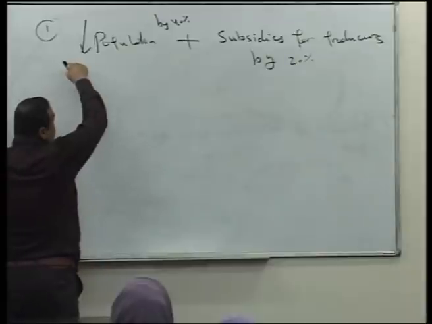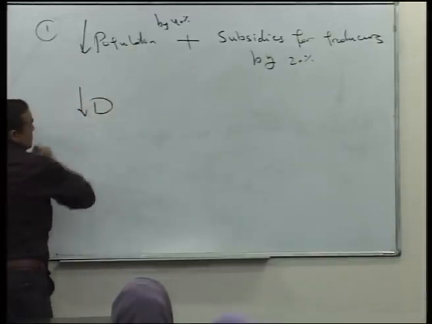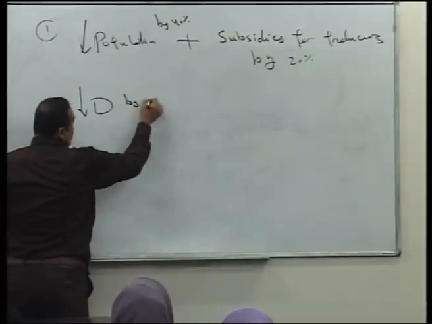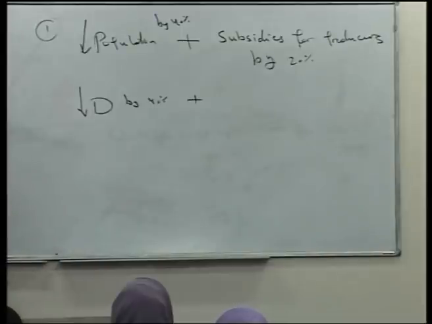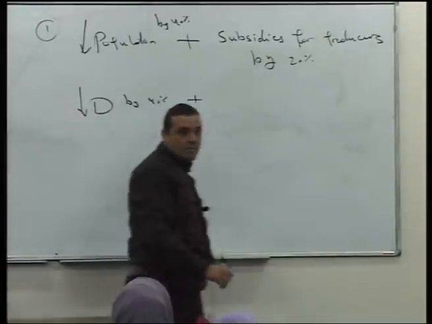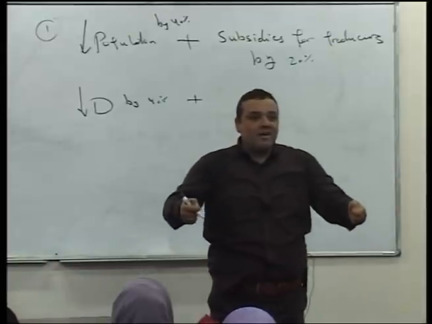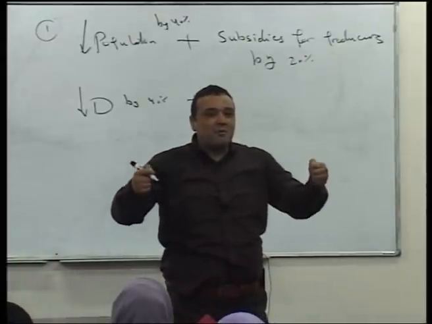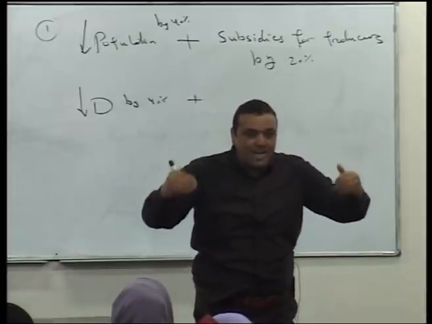So, as the population goes down, your demand goes down by 40%. Plus, the government subsidizes. Subsidies mean the government provided subsidies for the producers. What will happen to their ability to produce?